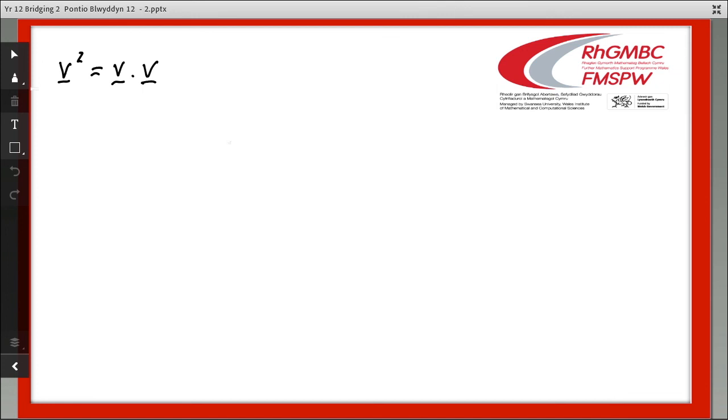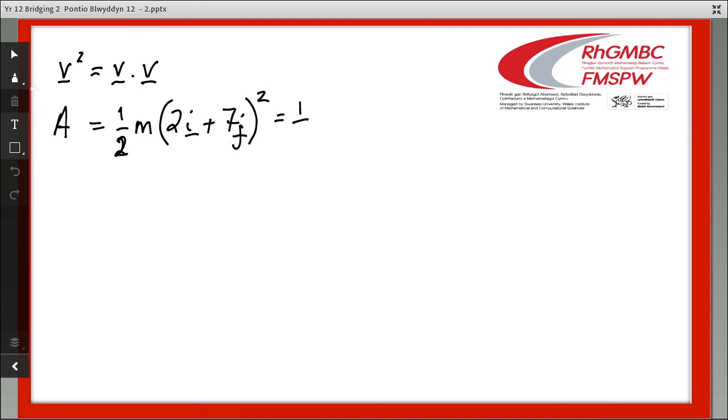Now, if we look at particle A, we've got a half mv squared, which is a half m, 2i plus 7j, brackets squared.